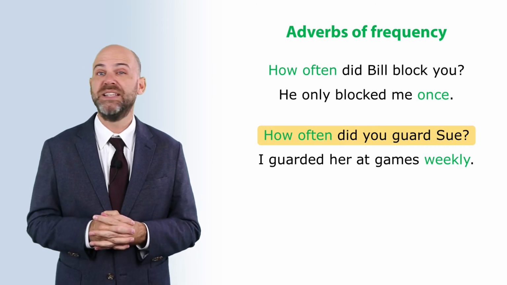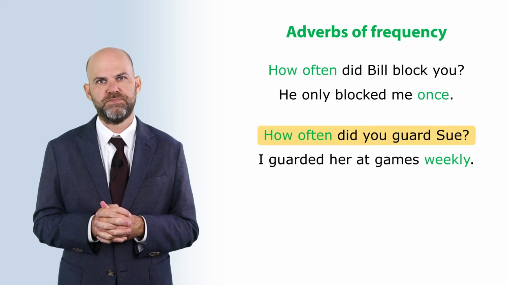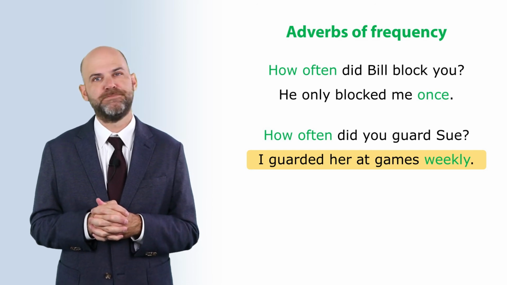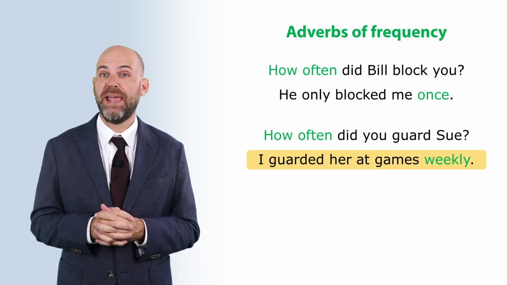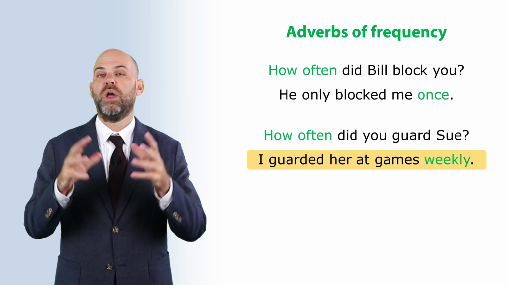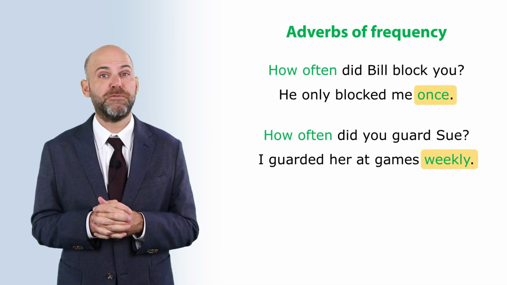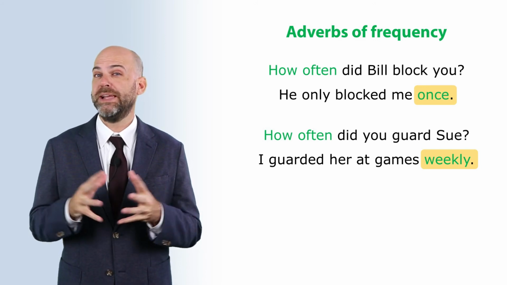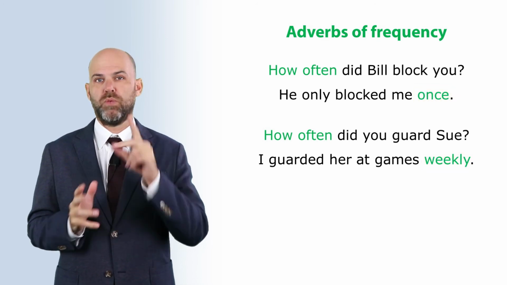I guarded her at games weekly. Good. These examples use definite adverbs of frequency to answer how often. Once and weekly are exact frequencies.